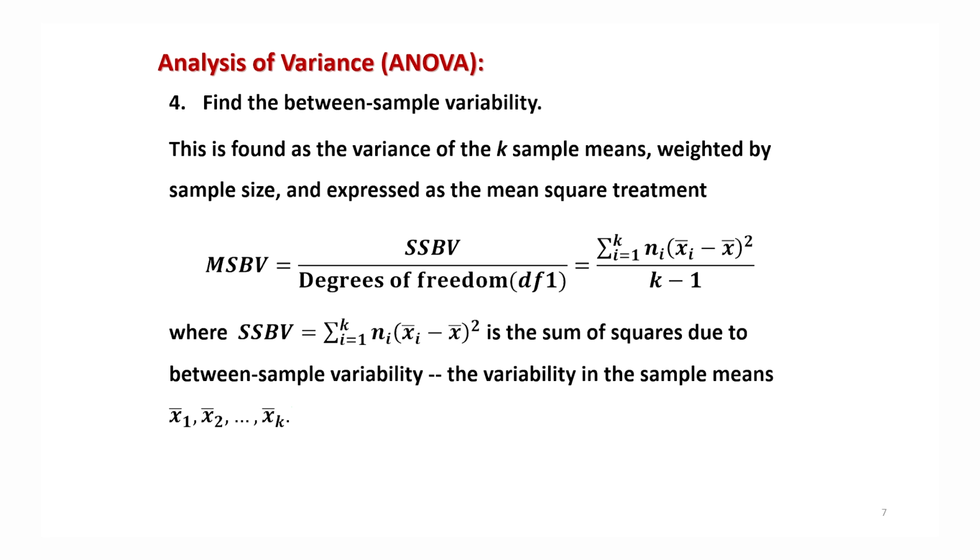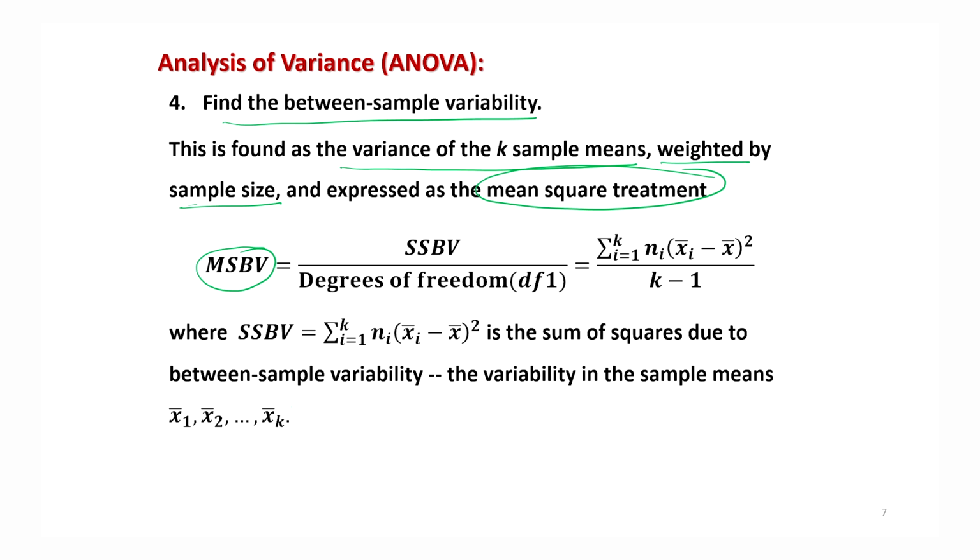Now we try to find out the between sample variability. This is found as the variance of the k sample means weighted by sample size, and it is expressed in terms of the mean square treatment, right? Because we are using the terminology between variability and within variability, I am indicating it here as MSBV, the mean square between variability.